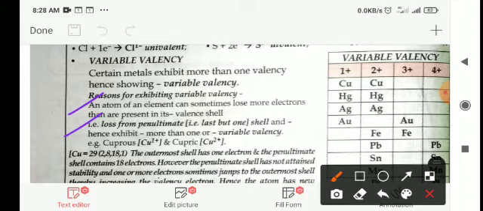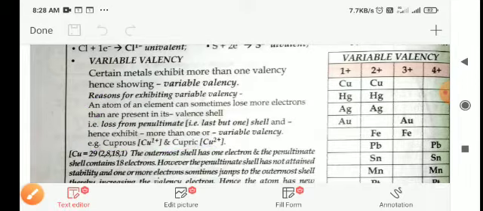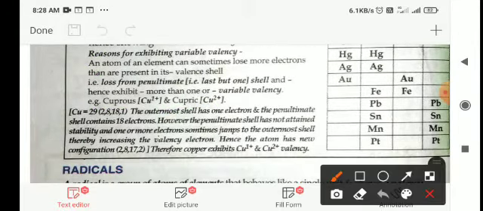For example, copper shows two valencies, that is cuprous Cu plus 1 and cupric Cu2 plus. Copper has atomic number 29 with electronic configuration 2 8 18 1. The outermost shell has 1 electron and the penultimate shell contains 18 electrons.